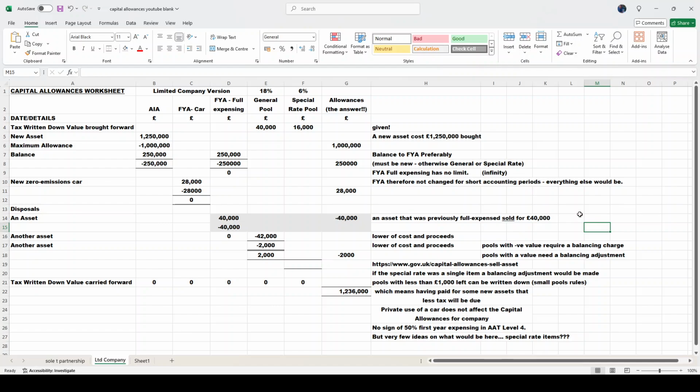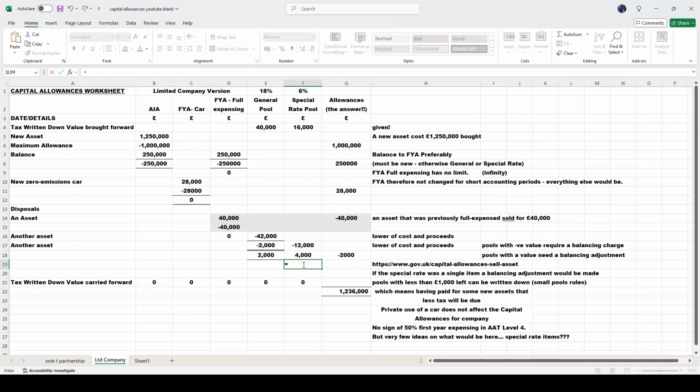The alternative, and the only one we're actually going to calculate an allowance for this year, would be an item that doesn't get rid of the balance. So we've now got 4,000 left in. Again, lower of cost and proceeds, it's now got a positive. So we're going to do our balancing adjustment based on the 4,000, the value left in the pool.